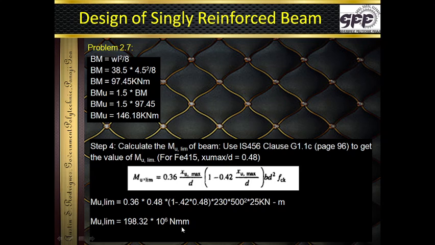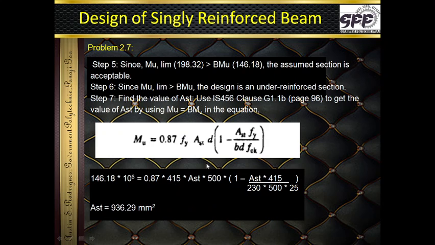How much is the maximum ultimate bending moment coming on the beam? That is equal to 146.18. And how much is its ultimate capacity? 198.32 into 10 raised to 6. So we know that the capability of the beam is 198, but the bending moment coming is only 146.18.